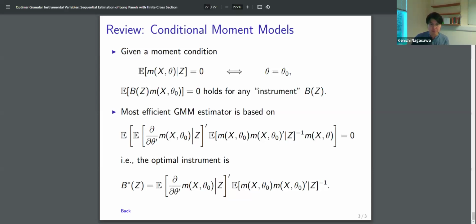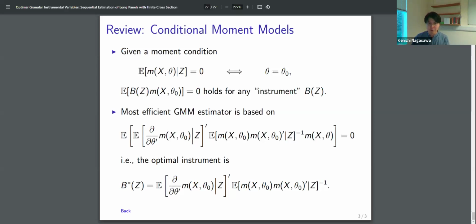From the theory of GMM, it has been well established that if you pick this b in a specific way, then you can get the most efficient GMM estimator, where you pick this b to be this formula here, which is a product of the derivative of the moment function and the conditional variance of the moment function.